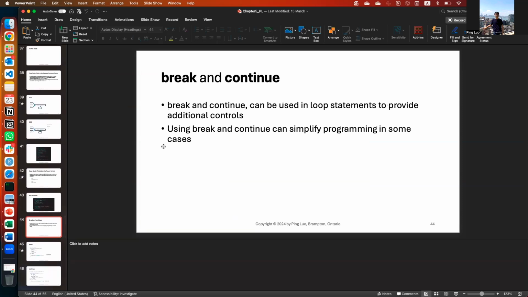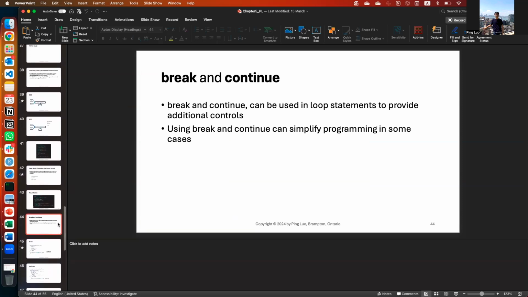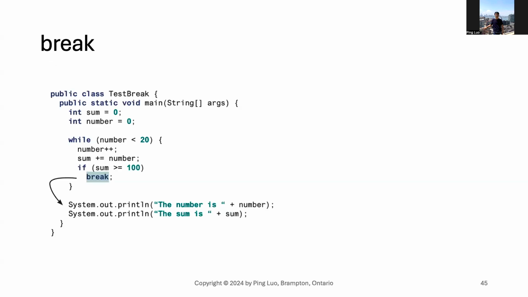Oh yeah, I should have put this slide at the beginning earlier. So break can be used to provide some additional control. Break will just break that loop. Once this statement is reached, we can just stop it.